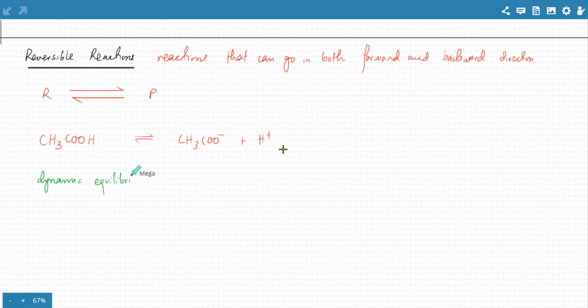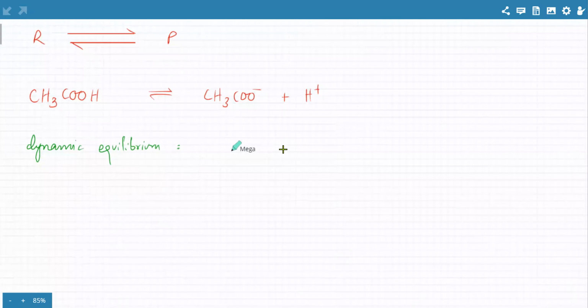So what's a dynamic equilibrium? It's a reaction where the rate of the forward reaction and the rate of the backward reaction are equal. And remember, it's the rate, the speed of the forward and backward reaction.